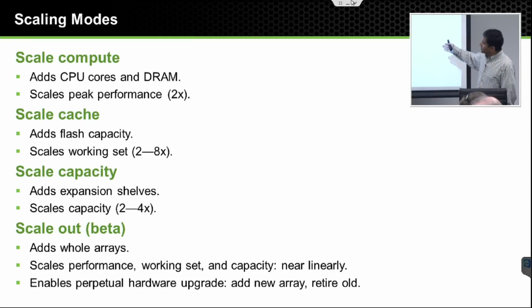Okay, so the final differentiator I want to talk about is how to scale. And in general, there are two modes here, scale up or scale out, where scale up means adding resources to an existing array, and scale out means adding more arrays, whole arrays, and making them work in a peer-to-peer cluster. And as Dan mentioned before, we support 3 independent modes of scale up.